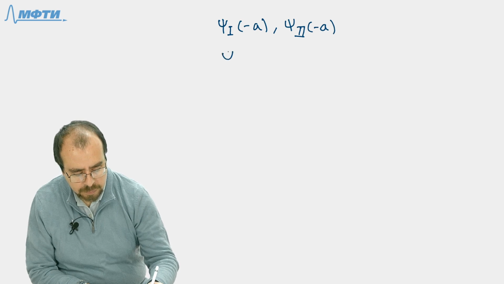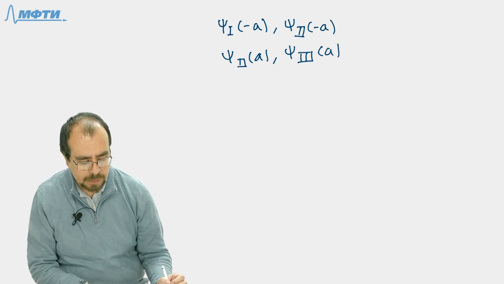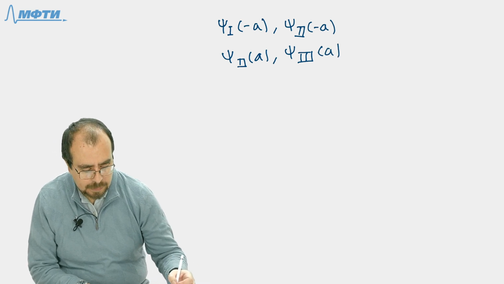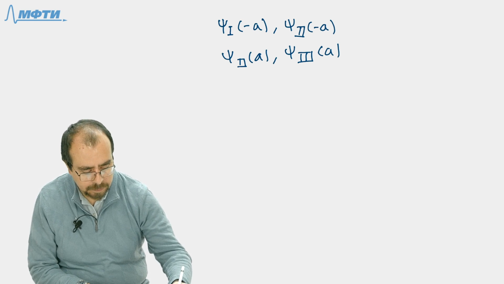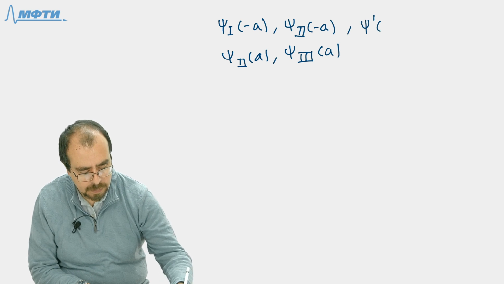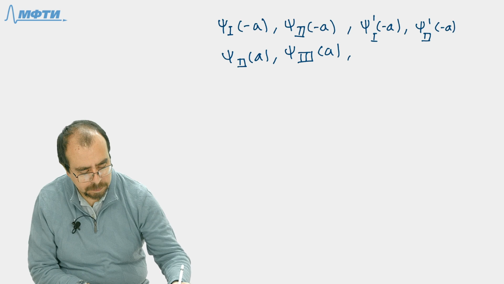Also a relation between psi 2 of a and psi 3 of a, and also the derivatives, at minus a in region 1 and in region 2. And the same here.